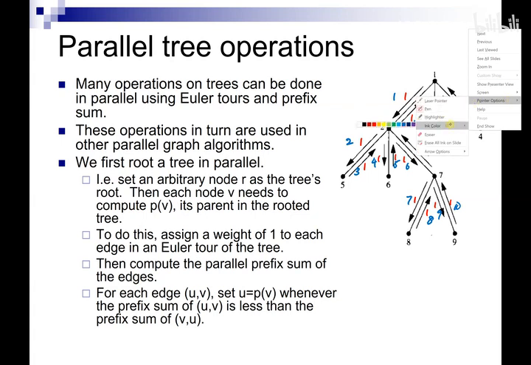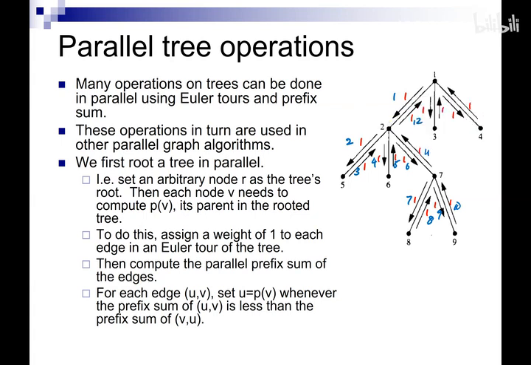So for example, let's say this edge is edge 1, 2, and we're going to say that 1 is the parent of 2 because the prefix sum in this direction, from uv, is 1, whereas the prefix sum value from vu is 12.